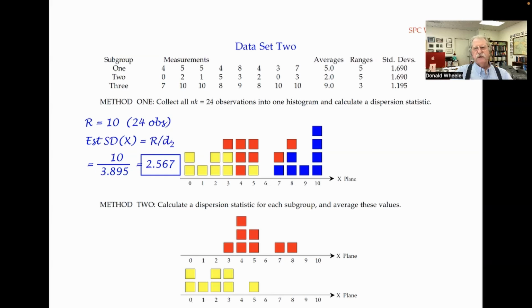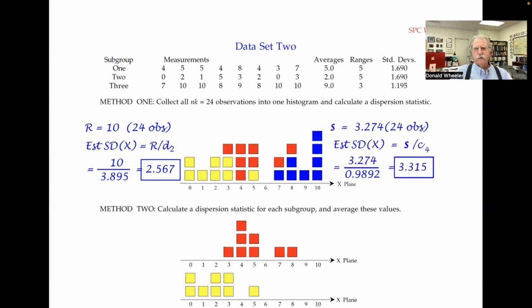Well, what if I use the standard deviation statistic? Let's find out. You put all 24 data in the calculator, push the magic button, you get a 3.274 as your standard deviation statistic based on 24 observations.